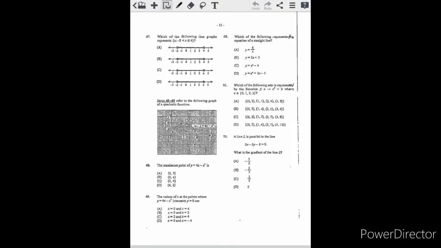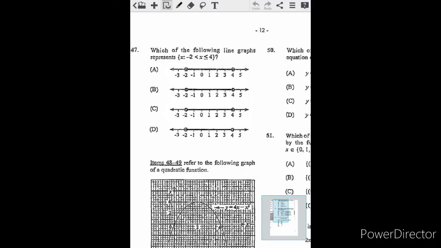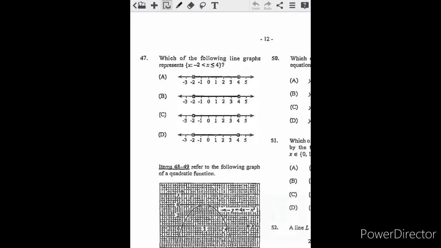Moving on to question 47. It says, which of the following line graphs represent x is greater than negative 2 and x is less than or equal to 4.